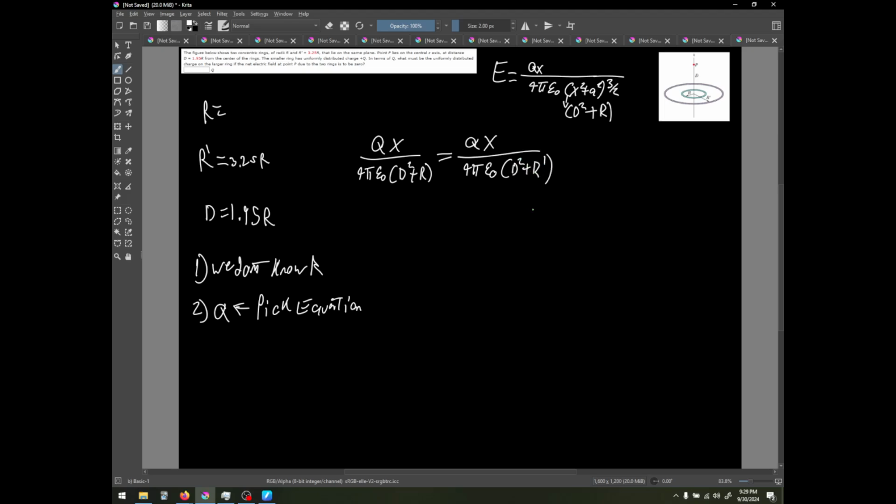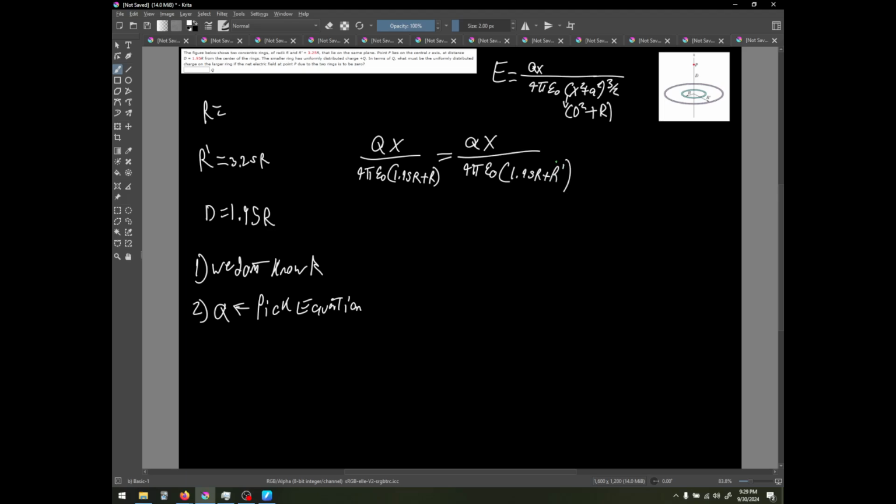Now we've got some things we can say. We know that d squared is r. What we could say is 1.95r plus r, 1.95r plus r prime.